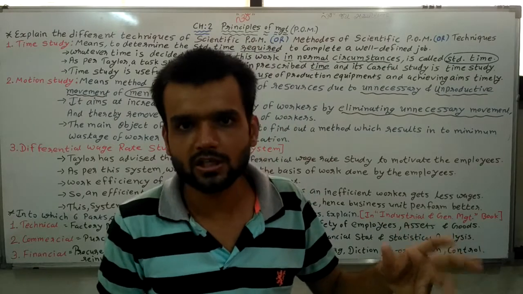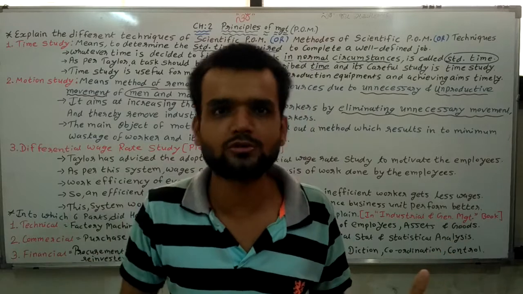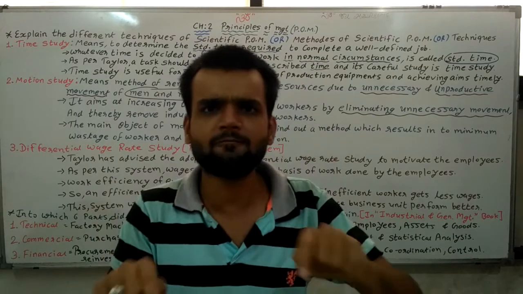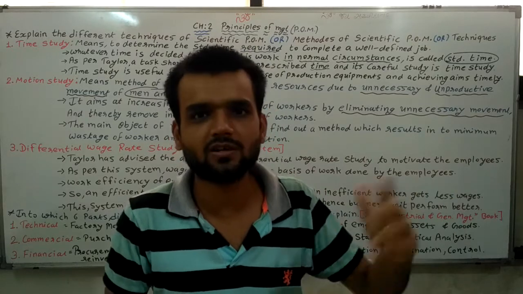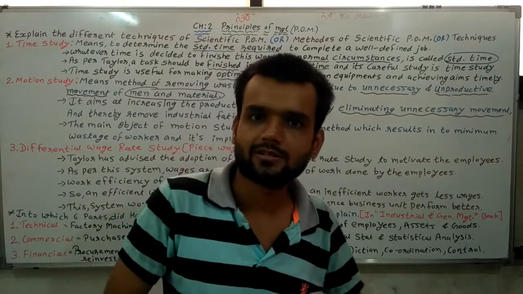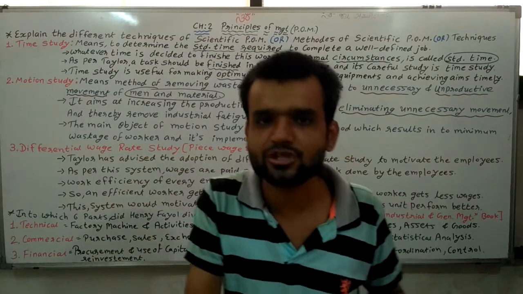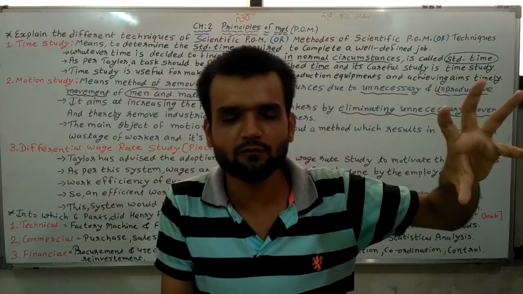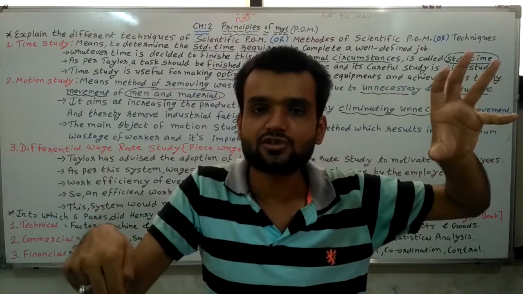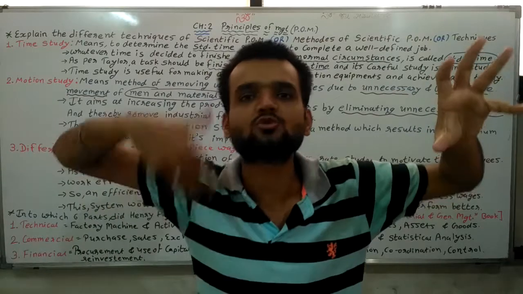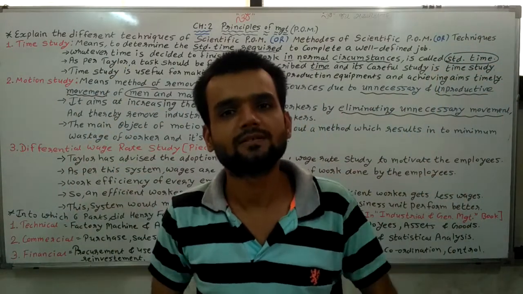If an efficient worker is producing more, an inefficient worker cannot produce that much, and both are paid the same wages, then definitely the efficient worker is demotivated. So efficient workers should be given more wages so that inefficient workers are also motivated to produce more, and ultimately the benefit is to the unit.